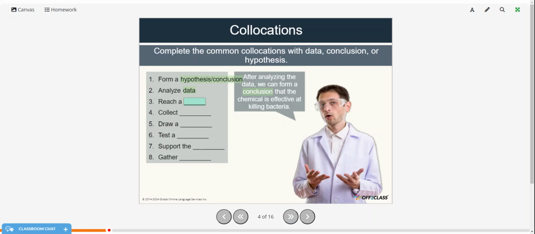You can reach a conclusion, collect data, draw a conclusion, test a hypothesis, support the hypothesis, and gather data.